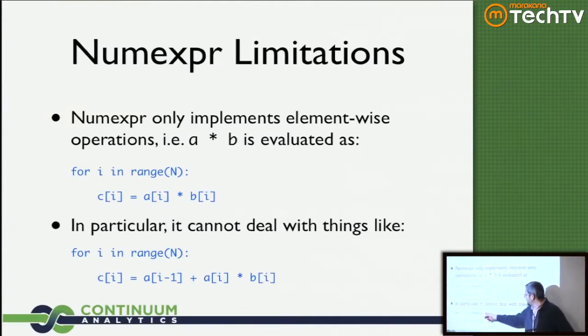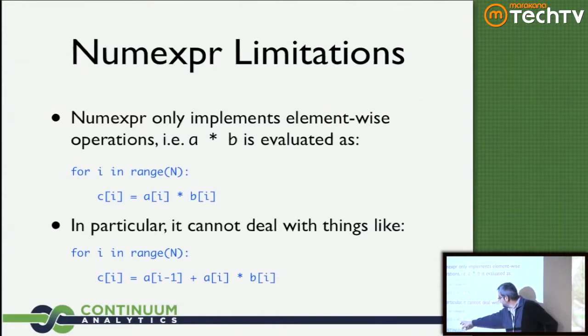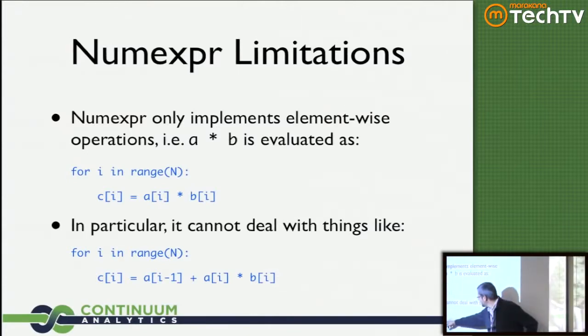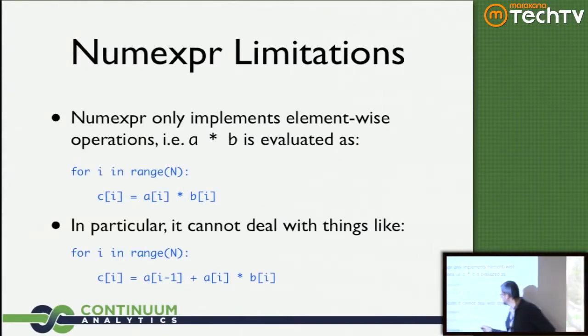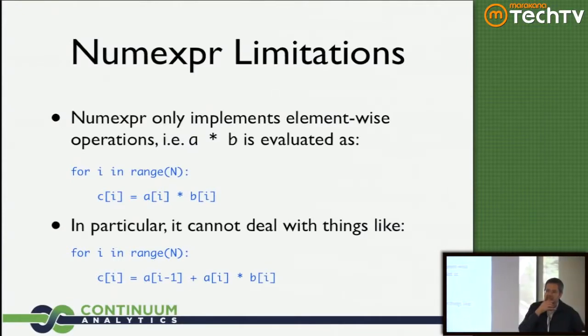In particular, you cannot do things like this, where we are using a different index in the same iteration of the loop. We are using index i, but also index i minus 1. So these sorts of things cannot be done with Numexpr.